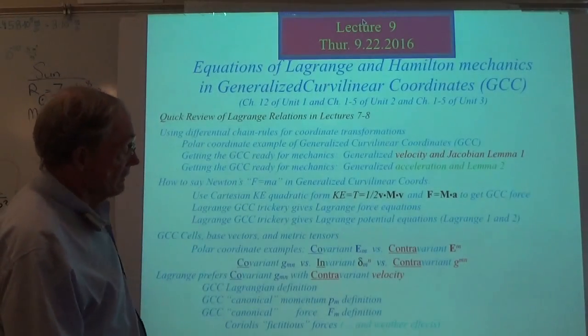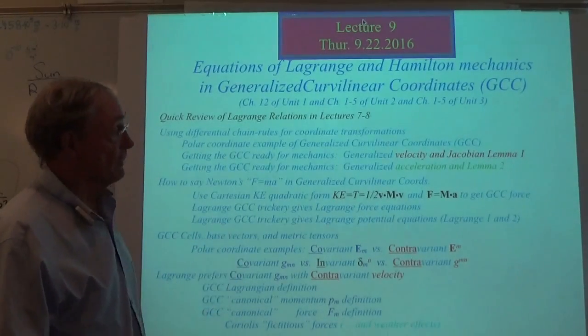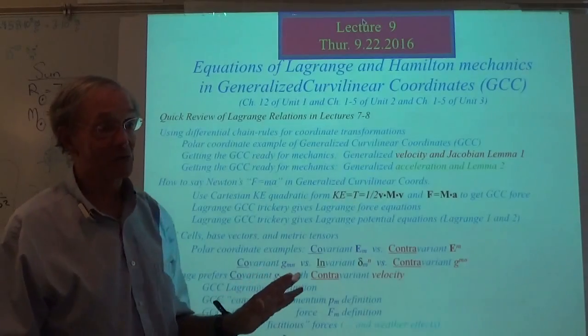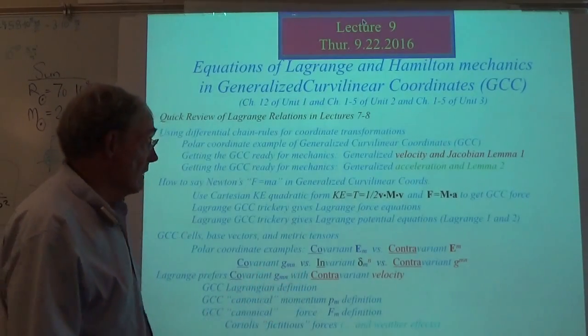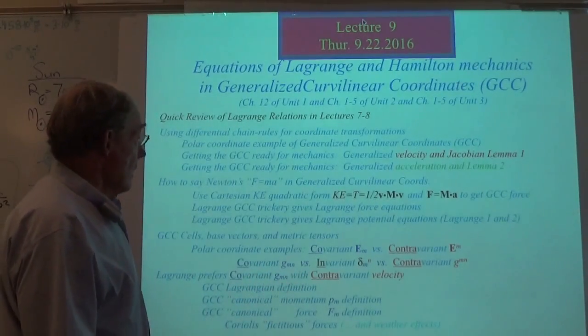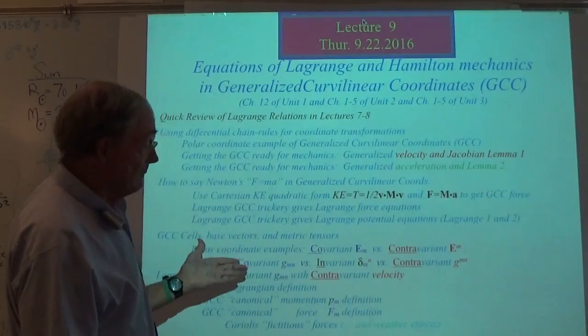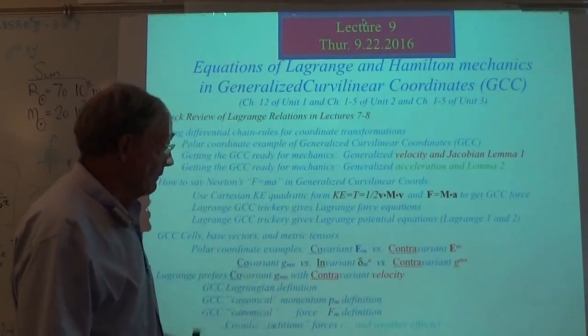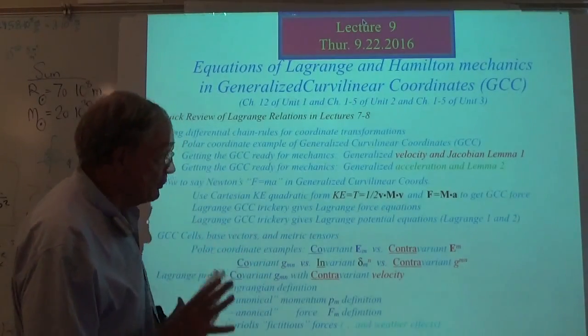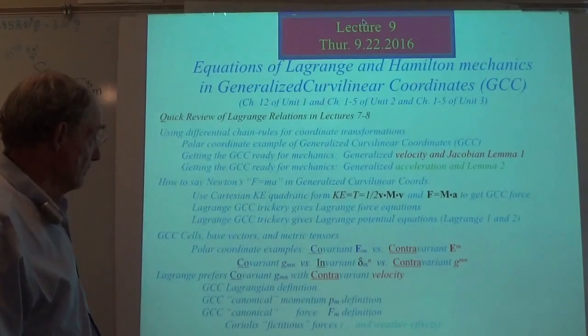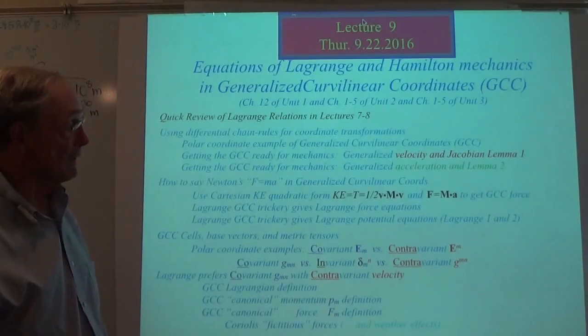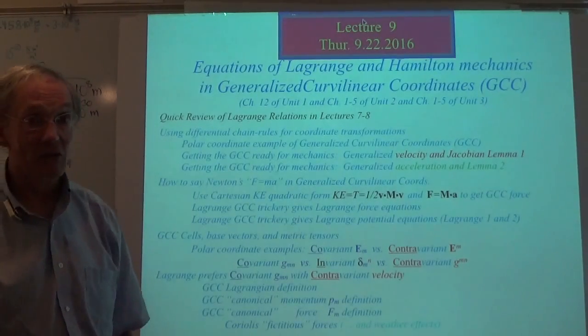And then we'll be seeing Lagrange equations in the form that you would see them in virtually every textbook there is when we get done with this. But we'll have the power to go on and write those equations as they really should be written if you're going to be doing anything with relativity, special or general.